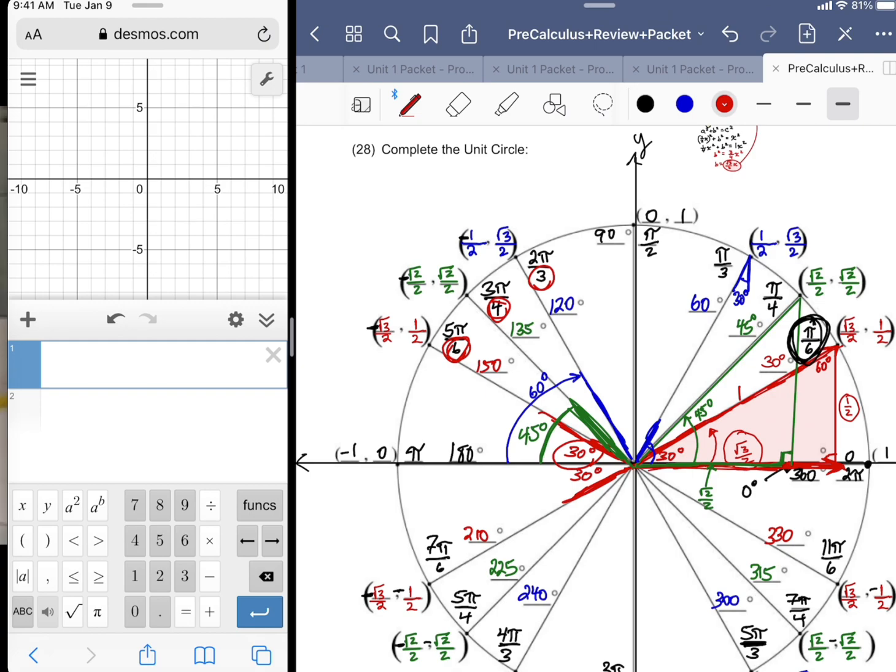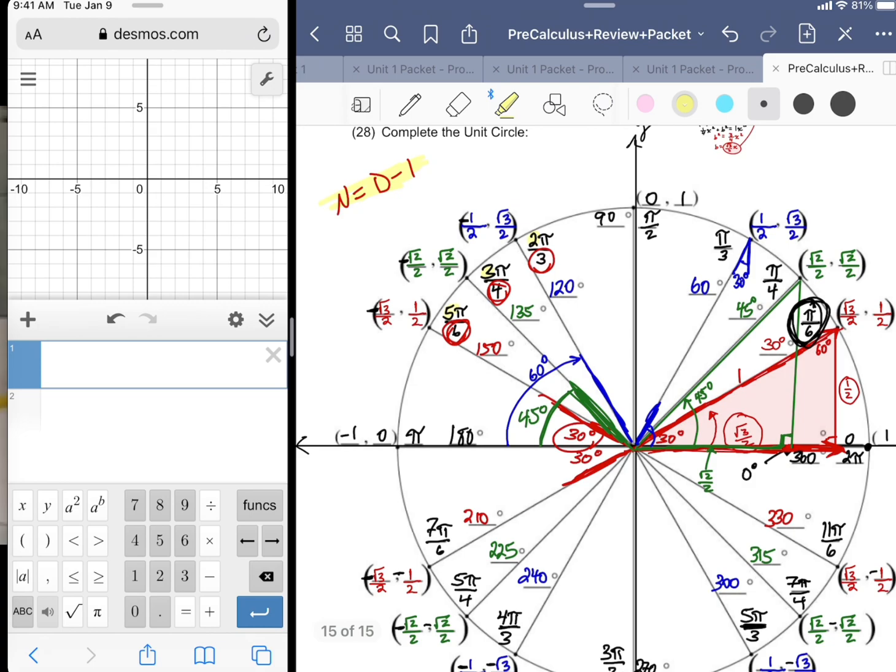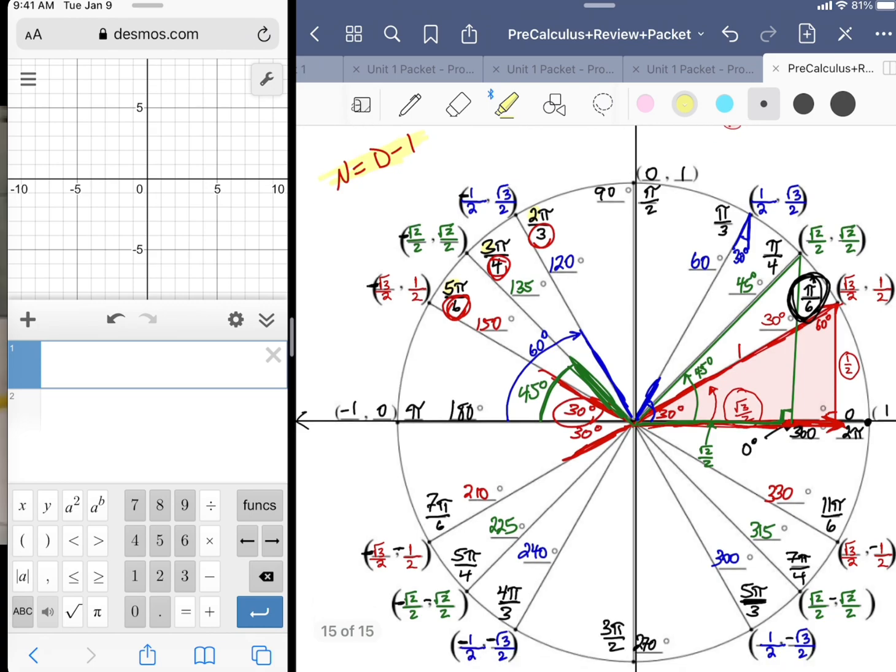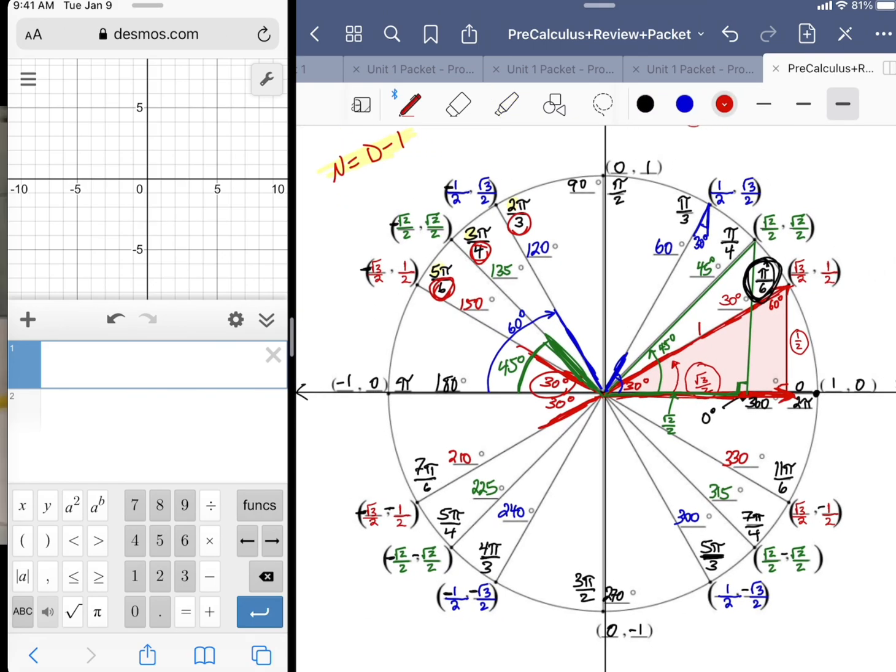All right? So the numerator is the denominator minus 1. So if you notice that relationship, that saves you some time. You'll notice in the third quadrant, the numerator is always the denominator plus 1.